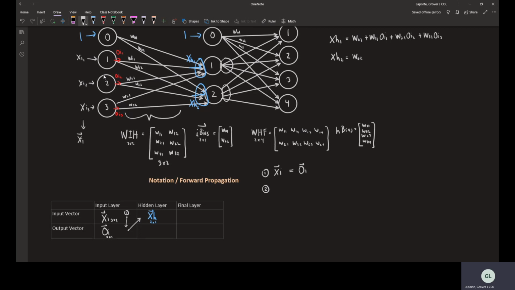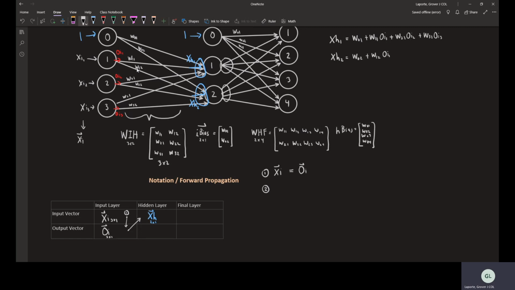So WO2 plus W12 times OI1. Let me make sure that's correct. So I'm now here. I go up, that's WO2. This one is W12, times OI1.